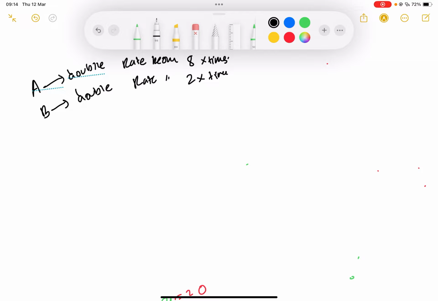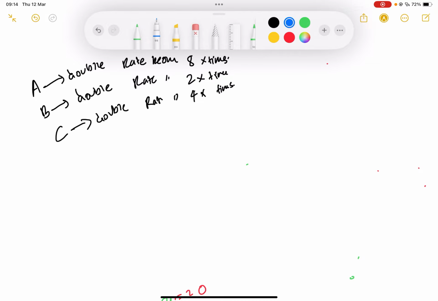And when the concentration of C is doubled, that means there are 3 reactants in this reaction, the rate becomes 4 times. Now we can work it out for each reactant.